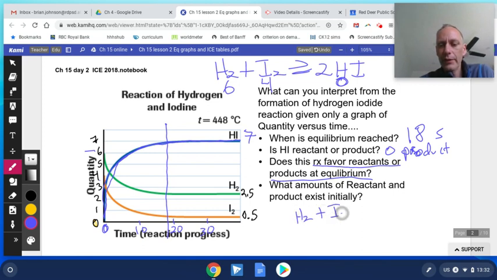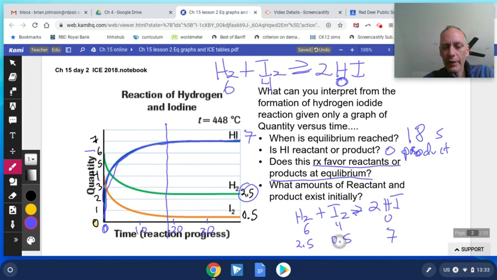H2 plus I2 makes 2HI, and back and forth. Started off with 6 moles, 4 moles, and none. At equilibrium, we have 7 of the HI, 2.5 of the hydrogen, and 0.5 of the iodine.